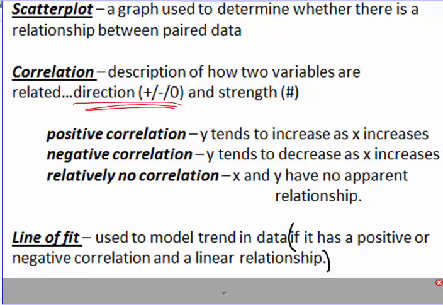The line of fit describes that data. I like how many of you wrote your explanations of line of fit where you were saying going right through the middle, where you have some points on top, some points on bottom. Make sure your points are as close as possible to that line when you do it. So right through the middle with all the points really close. That would be your line of fit.